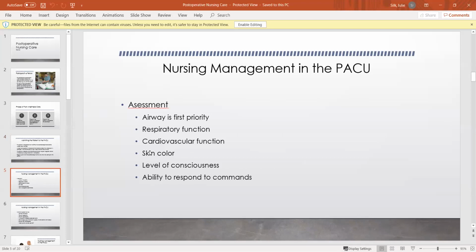The way that I have this PowerPoint set up is kind of weird, but I basically just went through the chapter in the book and did it like that. The rest of this is going to talk about things that you're going to watch for, things that you might be concerned about when they first come to the recovery room.